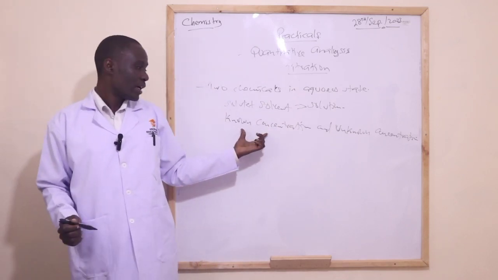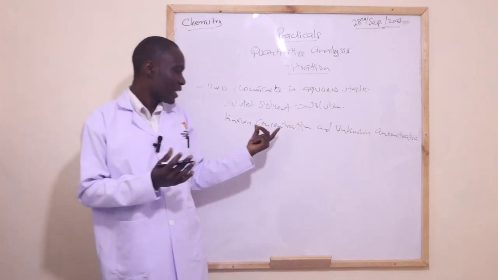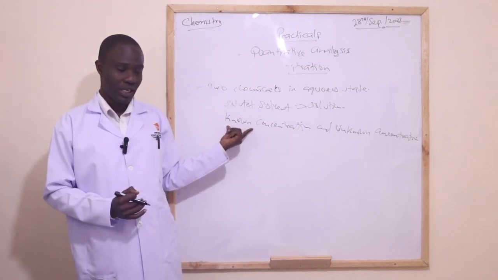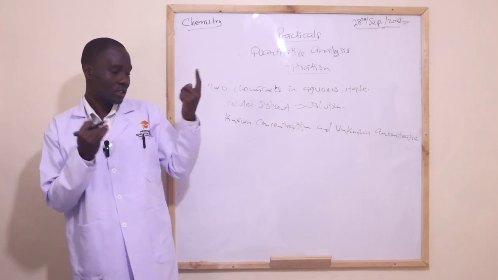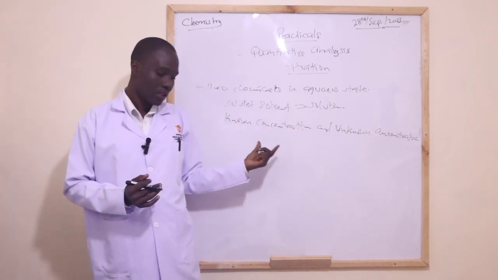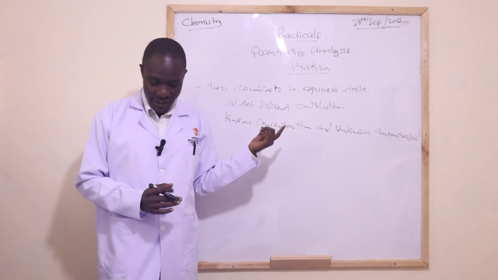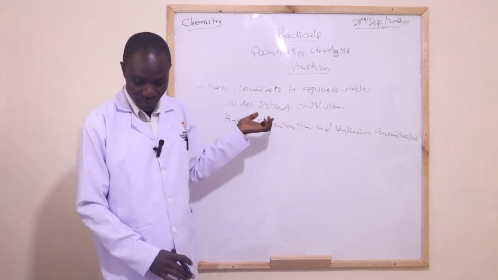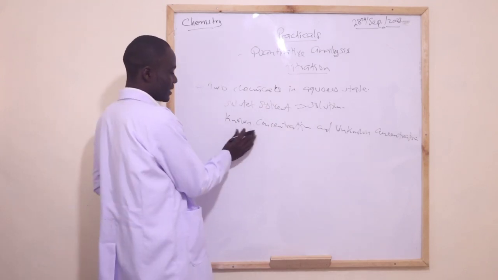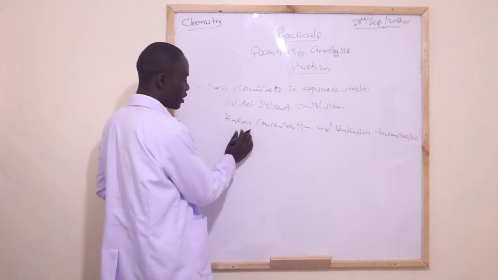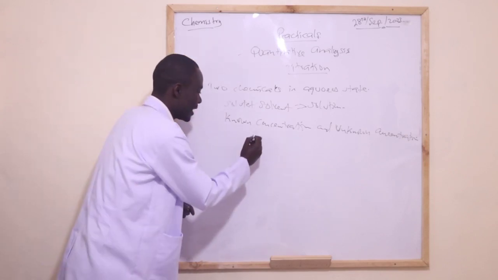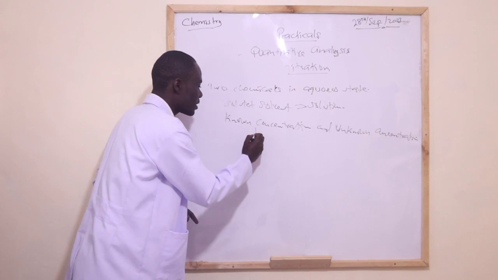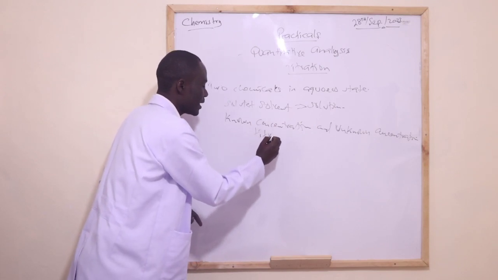Using these two, there is a scientific term that we refer to. A solution of unknown concentration during titration is normally called analyte. A solution of known concentration is normally called titrant.